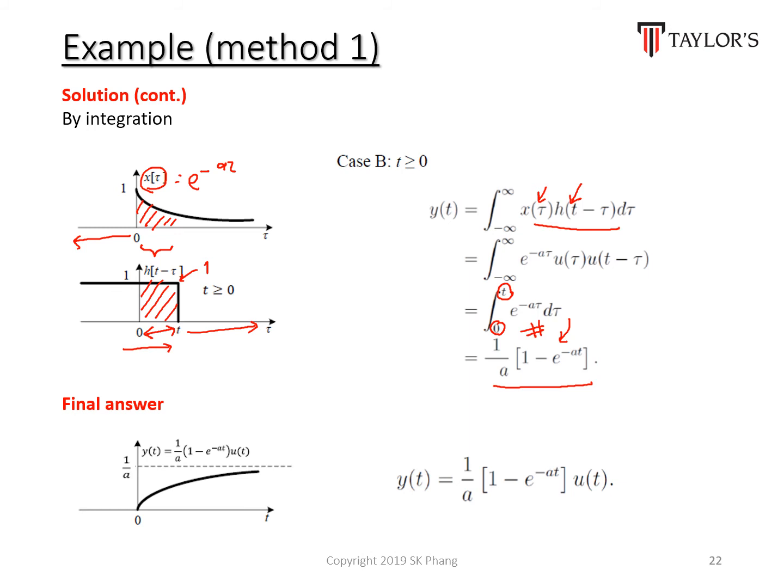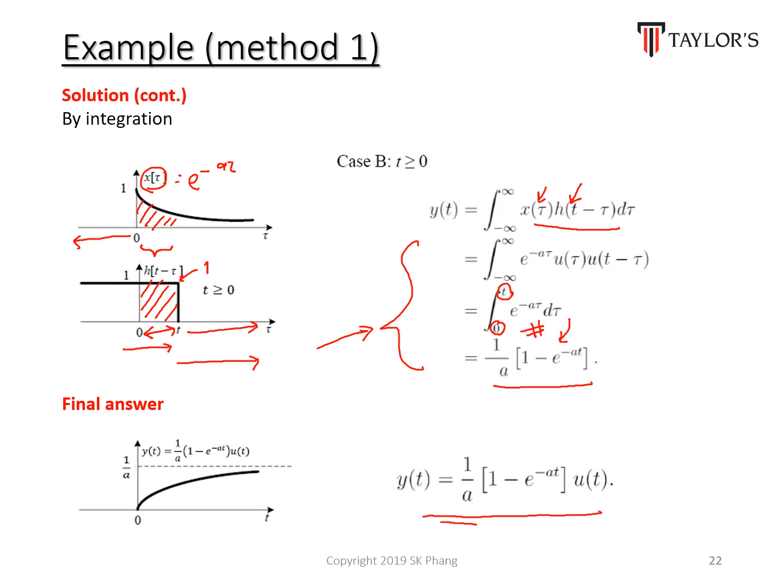And notice that when t is greater than 0, when this particular system moves further to the right, the whole answer will still be the same. It still satisfies this 1 over a multiplied by 1 minus e to the power of negative at. And therefore, your final answer is this.